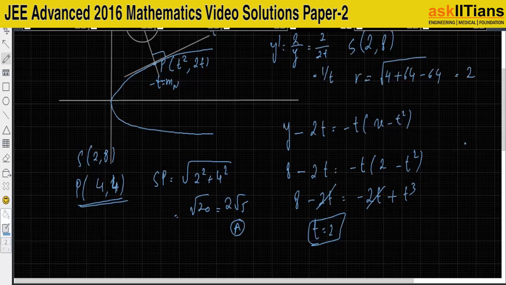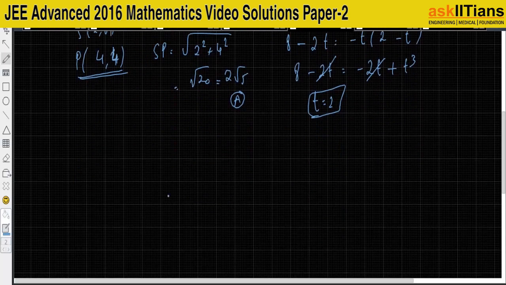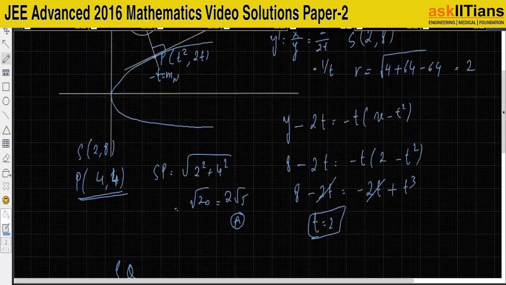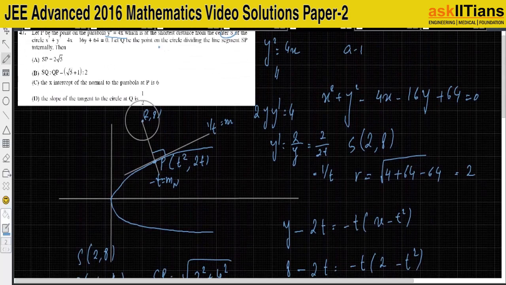Now in the second option I have to find out this ratio, right? That is SQ divided by QP. What is Q? Q is a point on the circle dividing the line segment SP internally, right? So this point is Q. So I need to find out the coordinates of this point also.